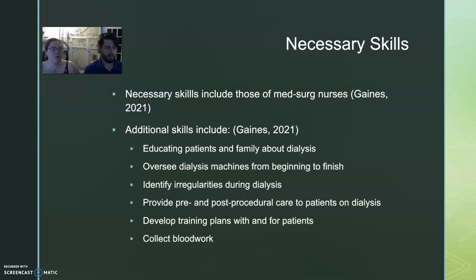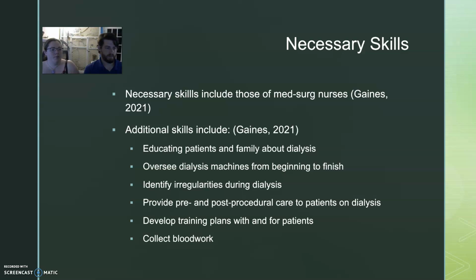Additional skills include educating the patients and family about dialysis and their disease process. They oversee the dialysis machines from beginning to finish, including priming the dialyzer and blood lines, and also checking the fistulas, if the patient has a fistula, for patency and a palpable thrill.